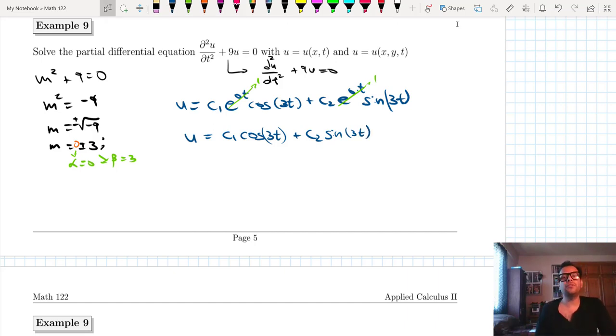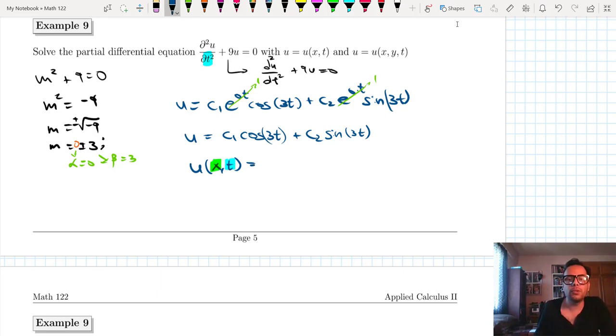Now let's introduce the variables that we are working with. In this case, this u is some function that depends on x and t. And notice the variable that is changing in this case is t, and it is x, the one that is being held constant.